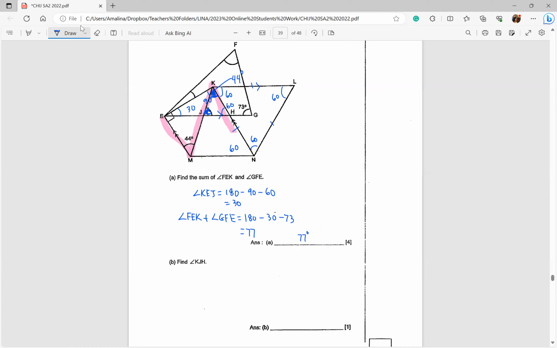I can subtract 44 and 60 to find my answer. So angle KJH is your 180 minus your 60 minus of your 44. So I get my answer 76 degrees.